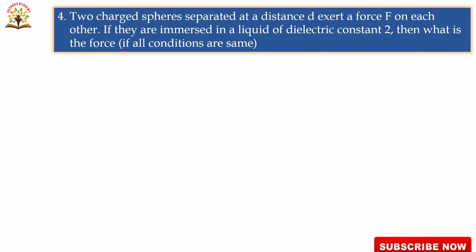Two charged spheres separated by distance d exert a force F on each other. If they are immersed in a liquid of dielectric constant 2, then what is the force? Here we have to calculate the force in the presence of a medium. Now let us go to the solution.